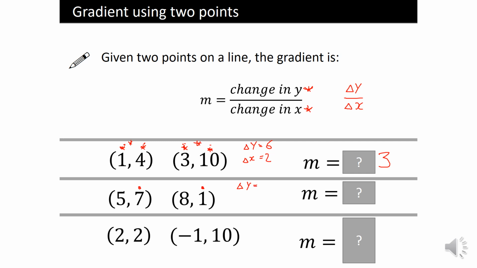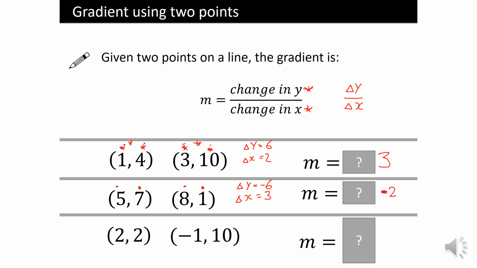Change in y has decreased, so it's minus 6. Change in x, we've got 8 and 5, so that's increased by 3. So my gradient, change in y divided by change in x, is minus 6 divided by 3, so minus 2. You can get a negative, and that's why it's important you subtract the right way around, or a consistent way around.